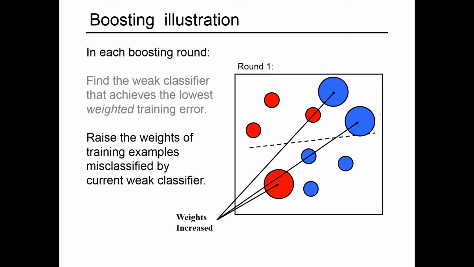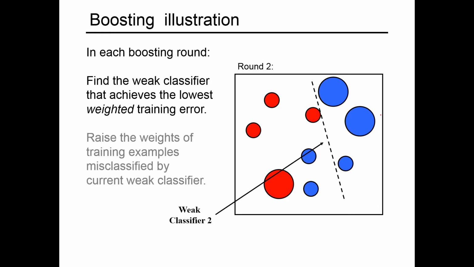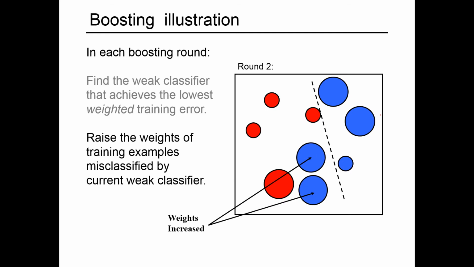After we make the weights larger, you can think of it as a different data set now. Then we can train again with the same procedure and identify a second weak classifier. Let's say this is the second weak classifier. Again, we do the same thing: for those that are misclassified, we boost the weight of those data points again.